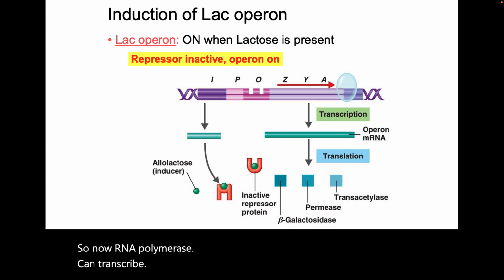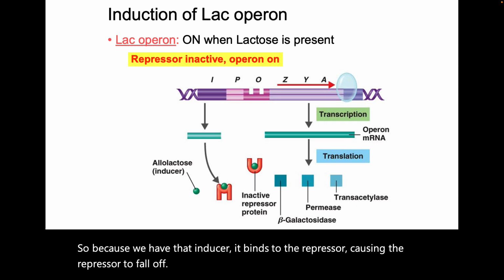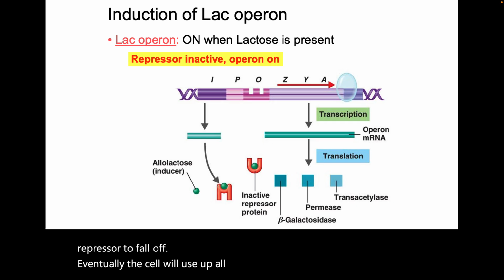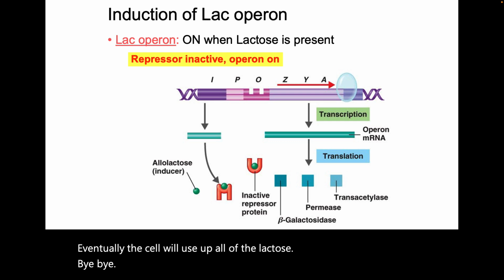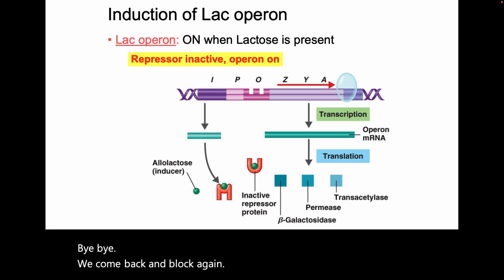Because we have that inducer, it binds to the repressor, causing the repressor to fall off. Eventually the cell will use up all of the lactose, meaning bye-bye, and then we come back and block again. So that's the simplified version of the Lac Operon, or any inducible operon.